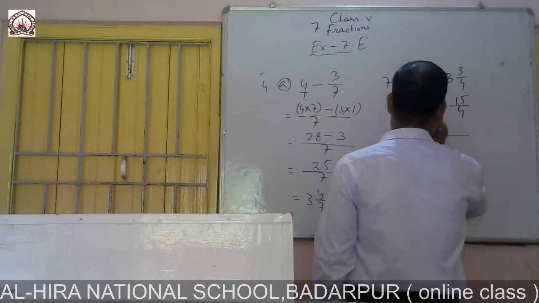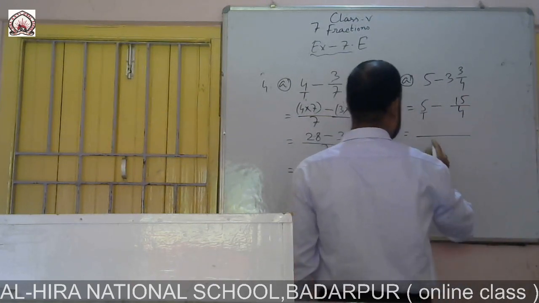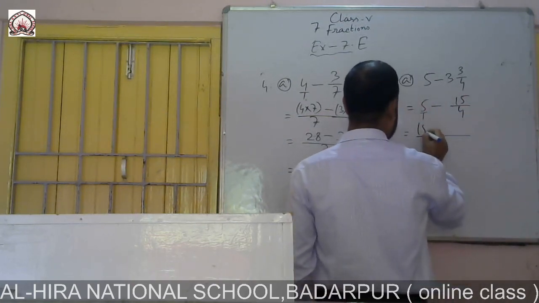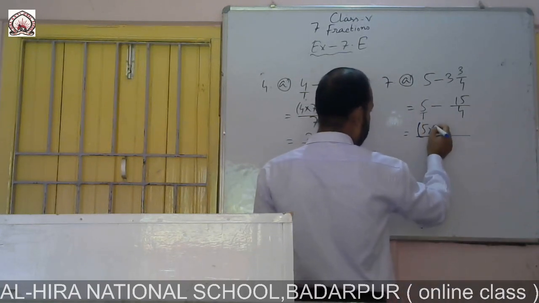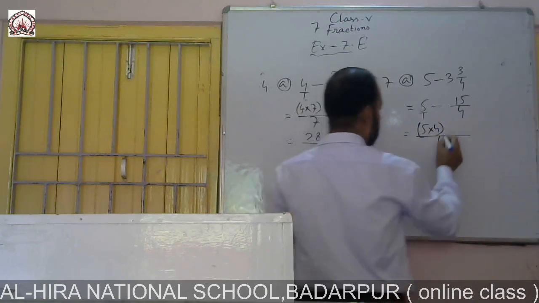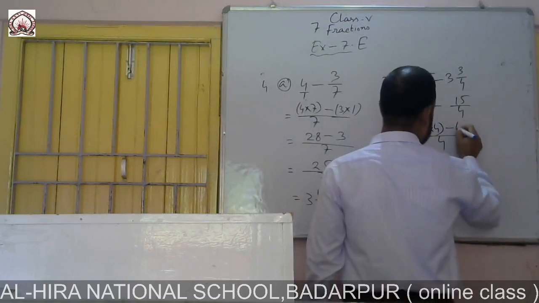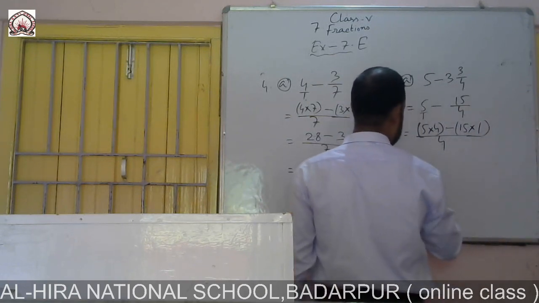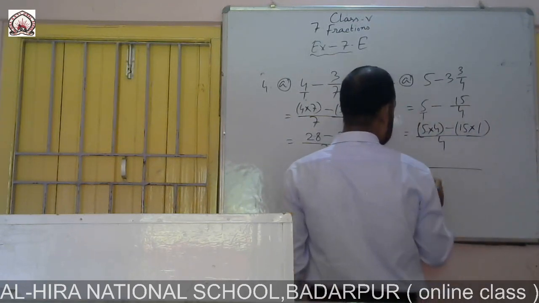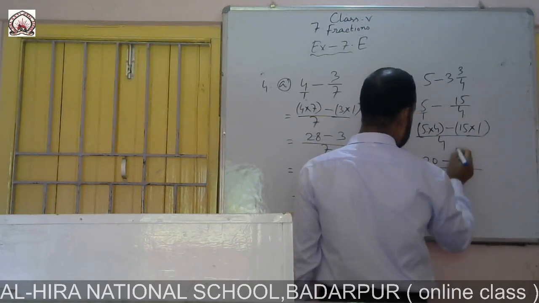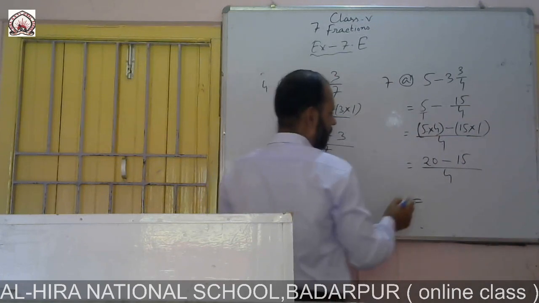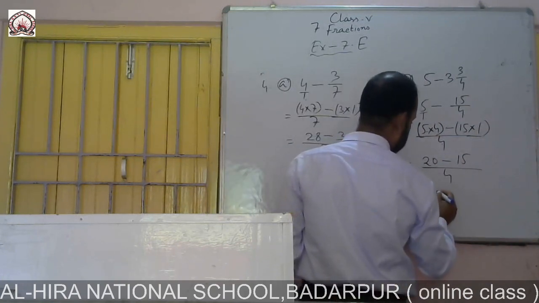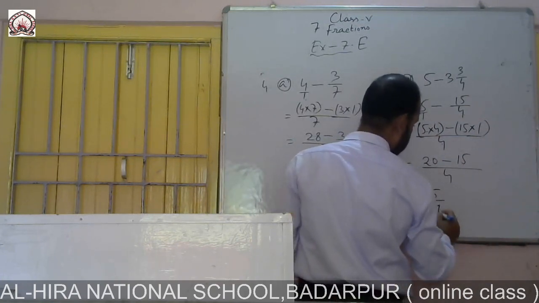Now here 1 is there, so LCM of 1 and 4 is 4. 5 into 1 fours are 4, minus 15 into 4 ones are 4. Now 4 fives are 20 minus 15 by 4. So 20 minus 15 is equal to 5 by 4.